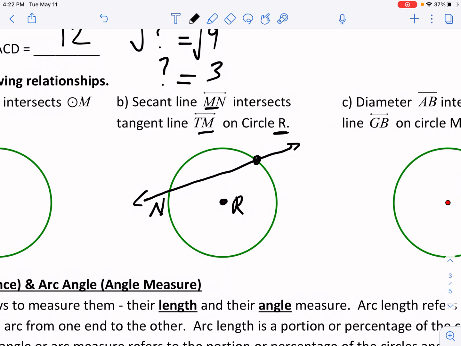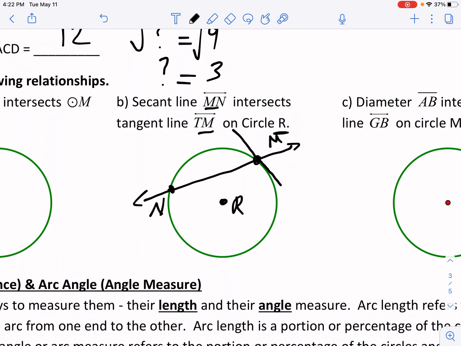I'm going to put M over here. So we have M and N, okay? And that would be our secant line, which contains a chord. Then TM is a tangent line. A tangent line only hits the circle once, at the point where we're intersecting here. That could have been a little bit better. Let's try that again.